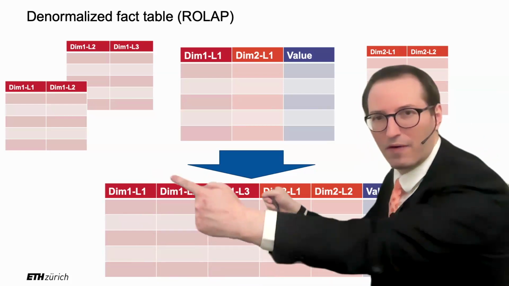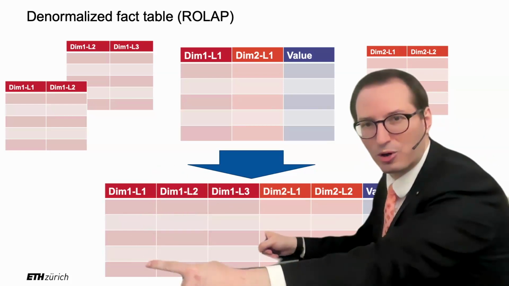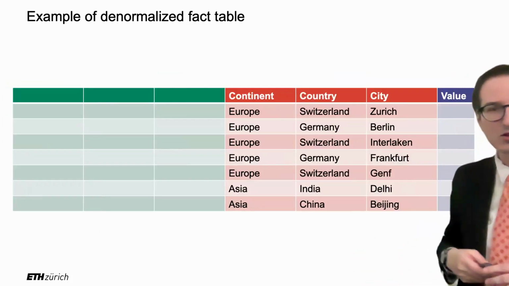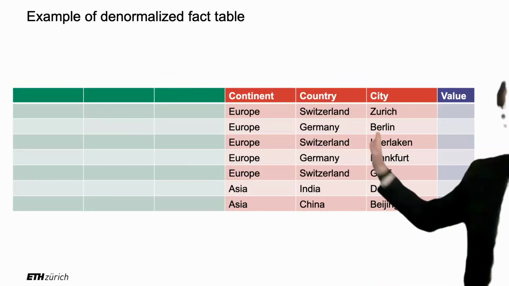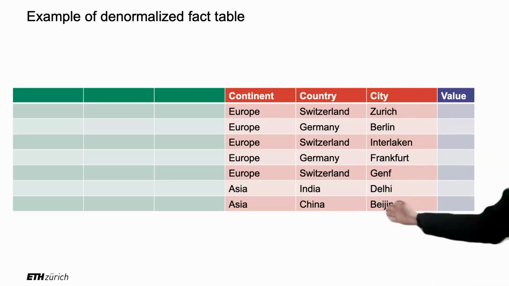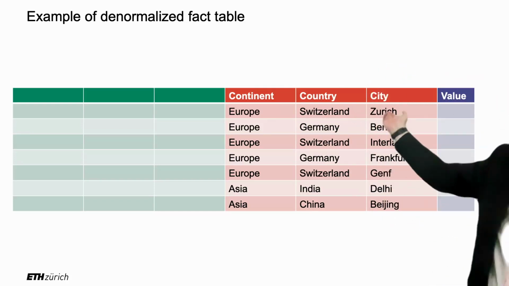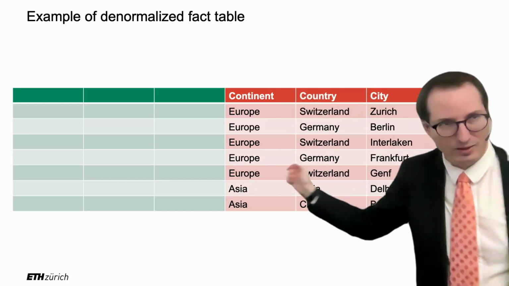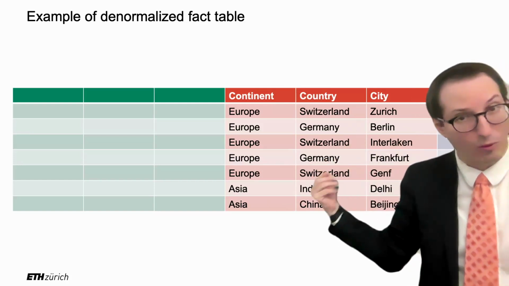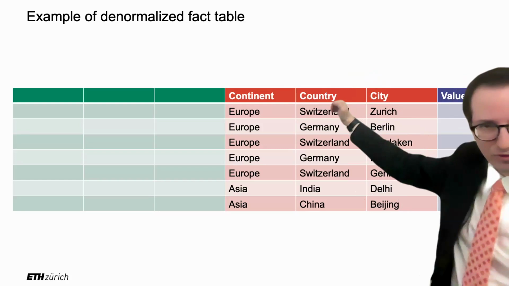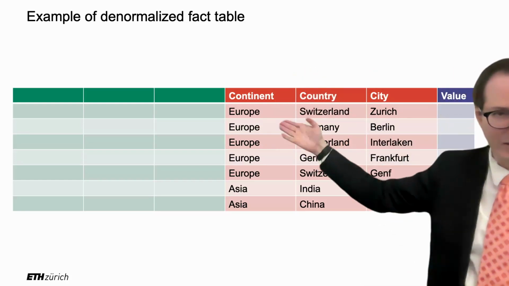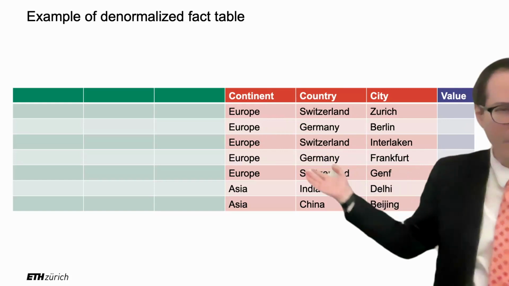So it means that now for the same dimension, you have multiple columns because these multiple columns came from the satellite table. That's an example where this is just one dimension here, where it's actually my cities, but I also joined and have the country and the continent. And you see that it's not in the Boyce-Codd normal form. Why? Because there's a functional dependency from here to here and from here to here, but these are not super keys, right? And you see the duplication in here.